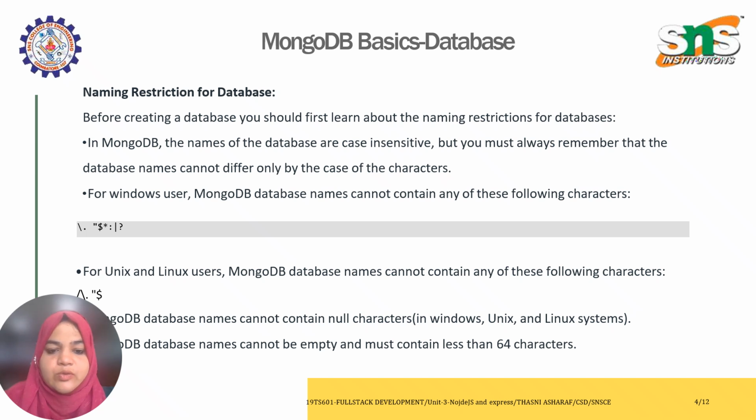For example, for Windows users, MongoDB names cannot contain any of these characters: slash, backslash, dot, quotation, dollar symbol, apostrophe, etc. And for Unix and Linux users, a Mongo database name cannot contain these characters: backslash, front slash, dot, or dollar symbol. Mongo database names also cannot contain null characters in Windows, Unix and Linux systems. Database names cannot be empty and must contain fewer than 64 characters.